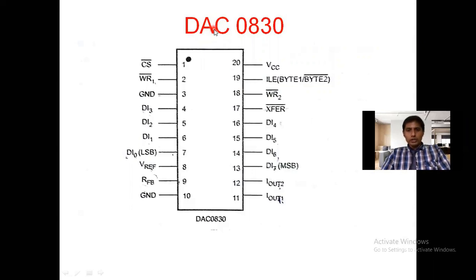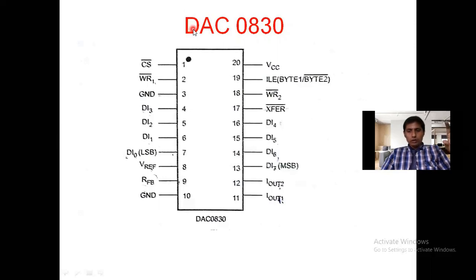For example, if I need to generate an analog triangular wave, sawtooth wave or square wave, we write a program in the processor and get the digital nature of the waveform, and that is given to the DAC. Then the DAC converts the digital data into the equivalent analog waveform. For that, the DAC is very much essential.